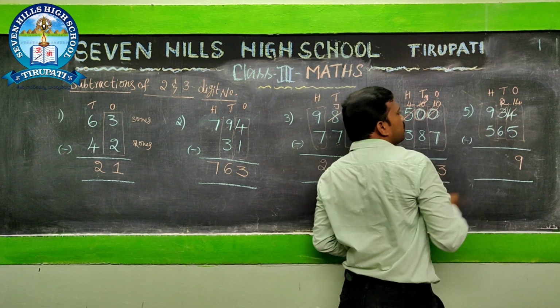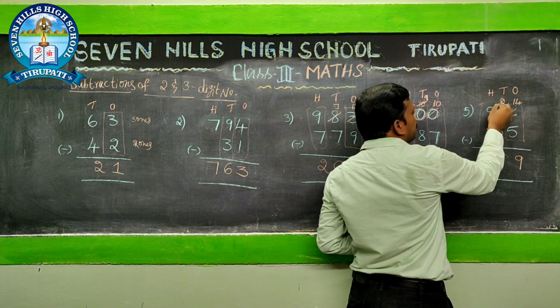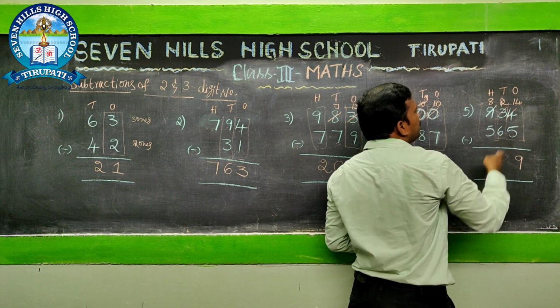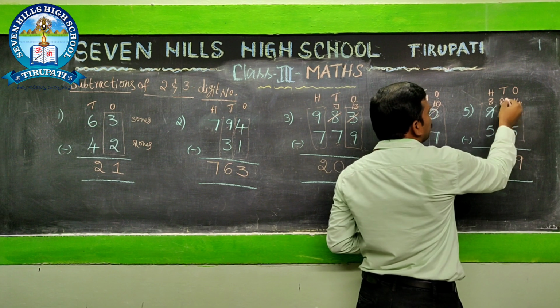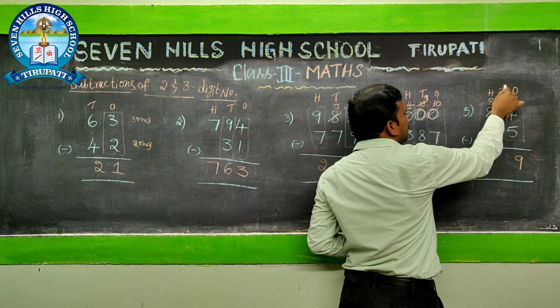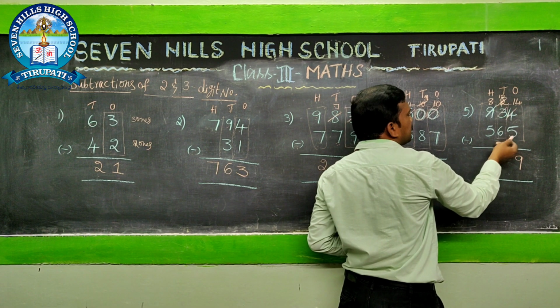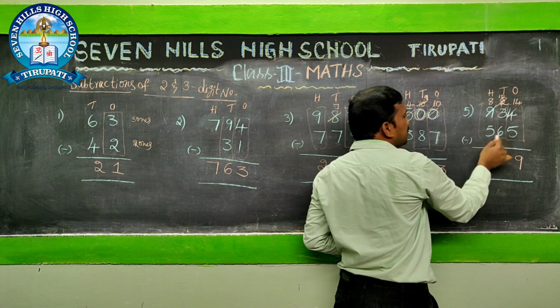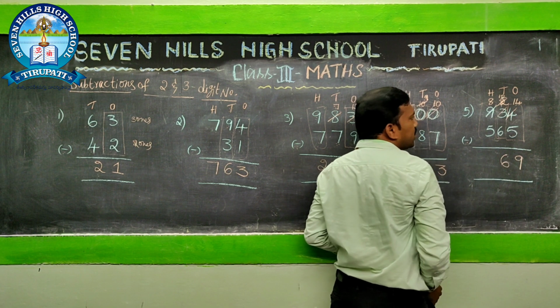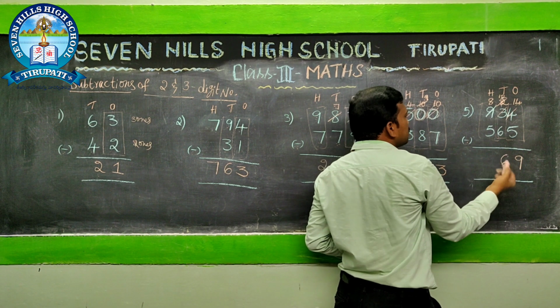By giving 1, it becomes 8 and it becomes 12. Now 12 tens minus 6 tens. 12 minus 6 is equal to 6.